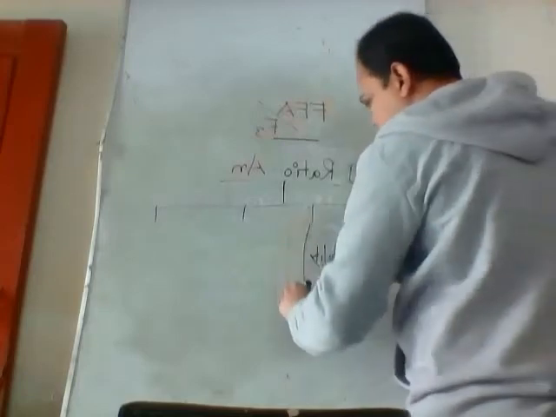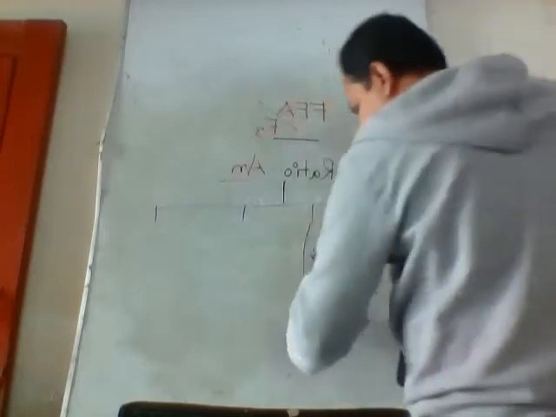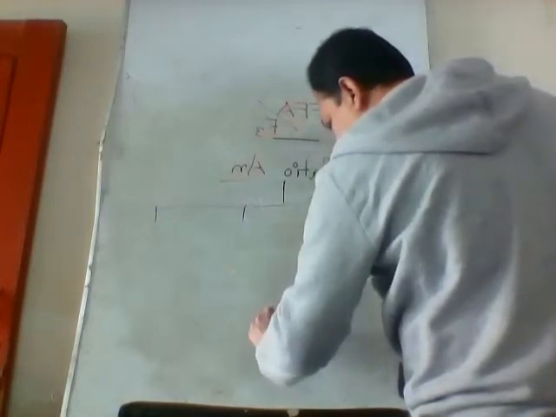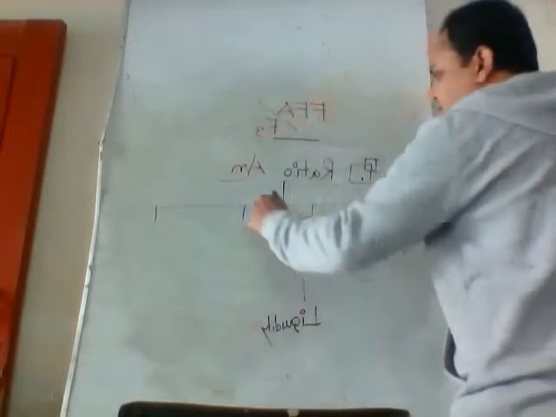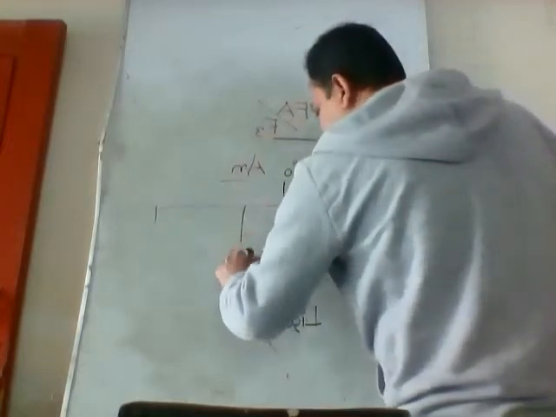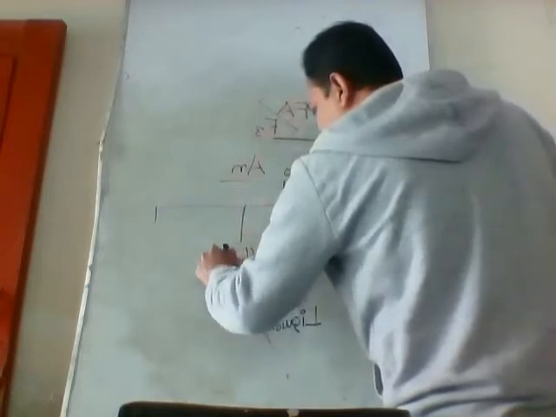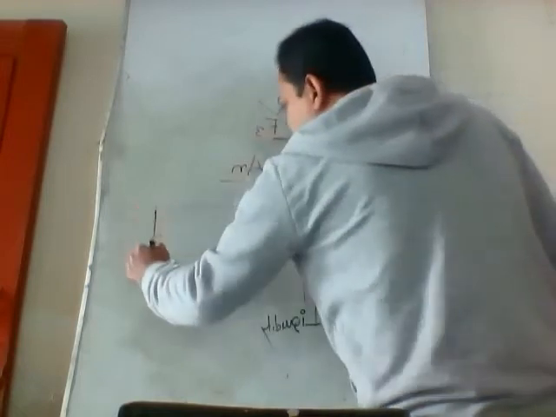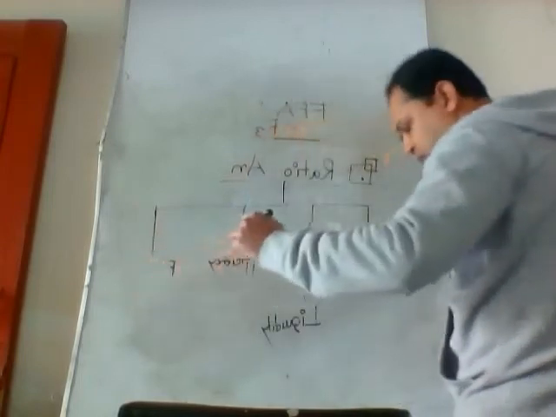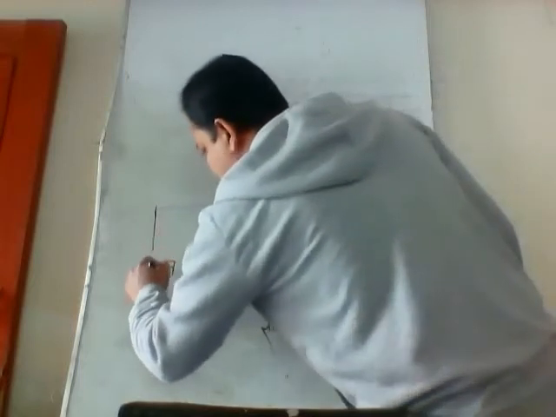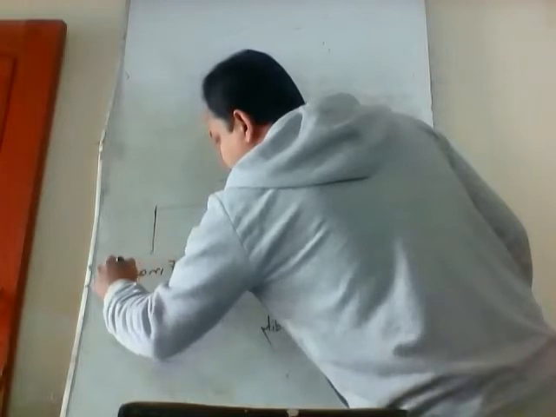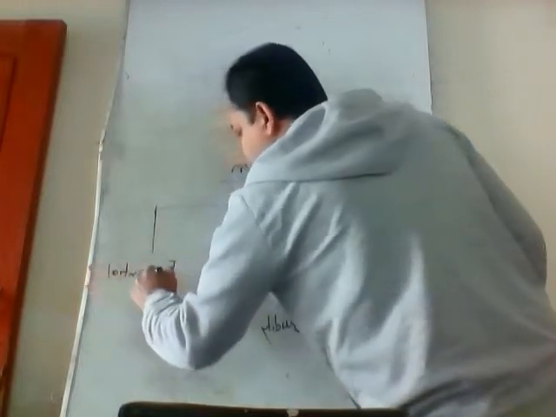Number 2, liquidity ratio. Number 3, efficiency ratio. Number 4, financial position ratio.